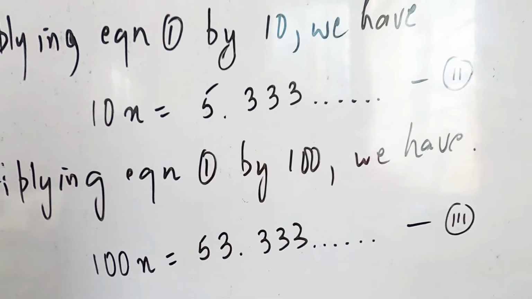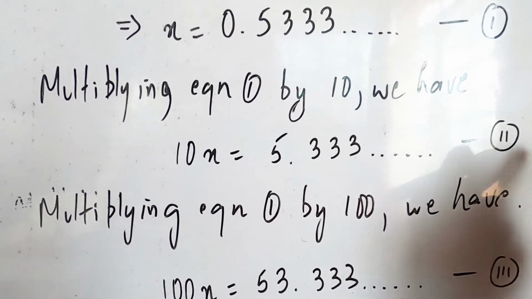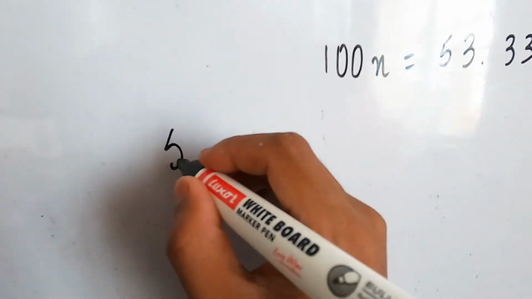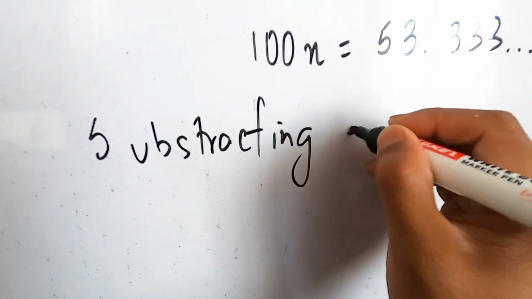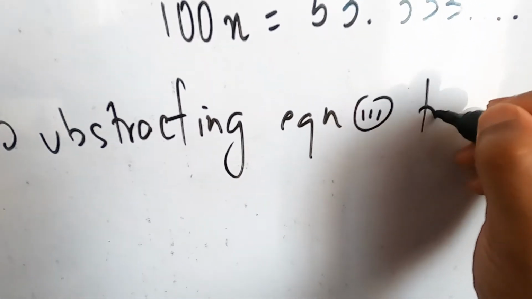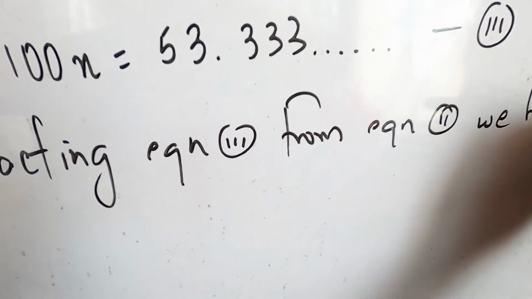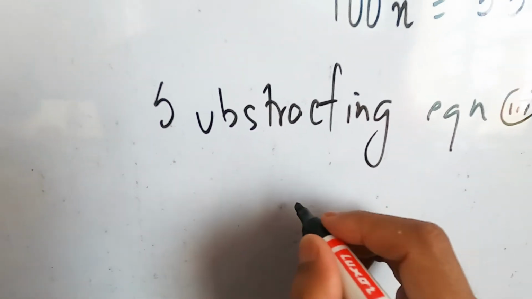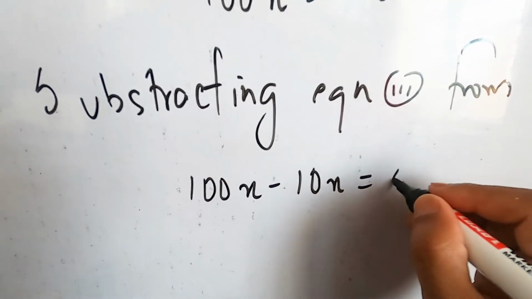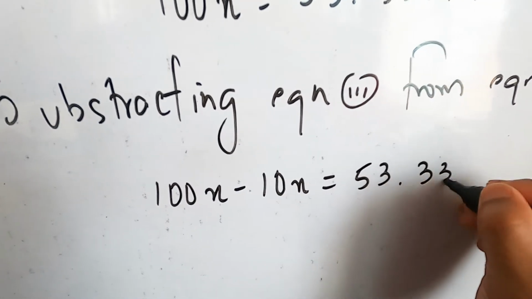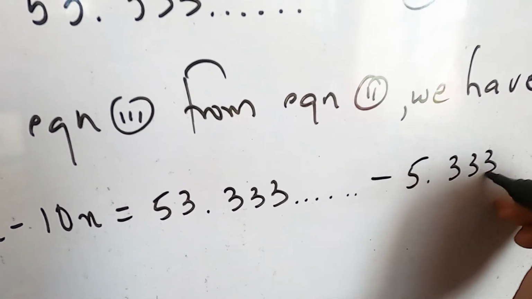In order to find p by q, next we subtract equation 2 from equation 3 and we will get the answer. So subtracting equation 2 from equation 3, we have 100x minus 10x equals 53.333 minus 5.333.